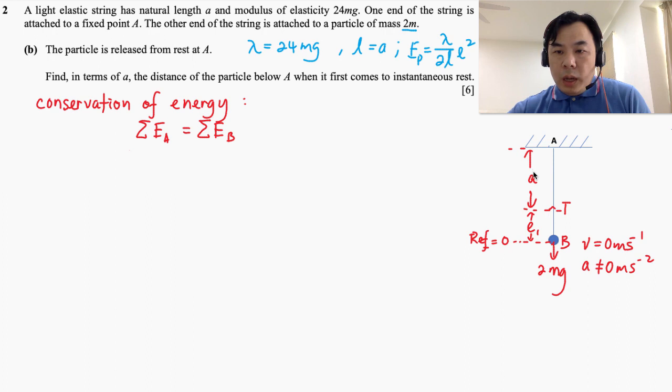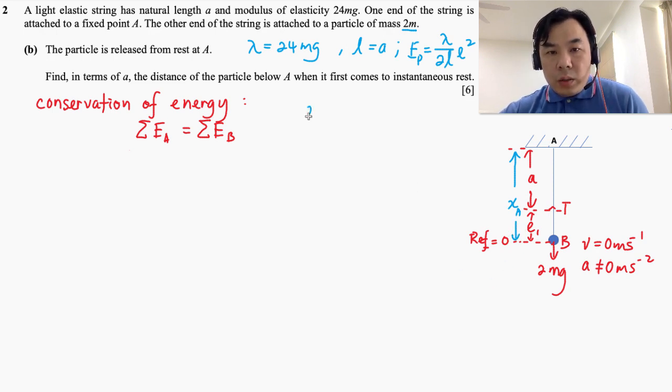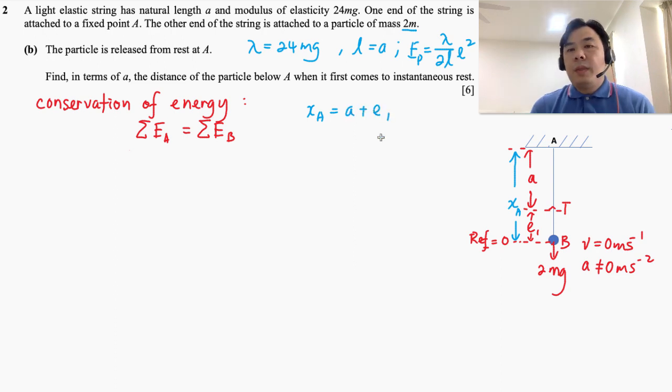Instead of calling A an extension here, I'm just going to answer directly what the question wants, the distance below A. So I'm going to call this XA, the distance below A, which is actually A plus E1 here. But in order to fulfill the question directly, we can look for XA directly, and then we don't really need to perform any addition in this case.